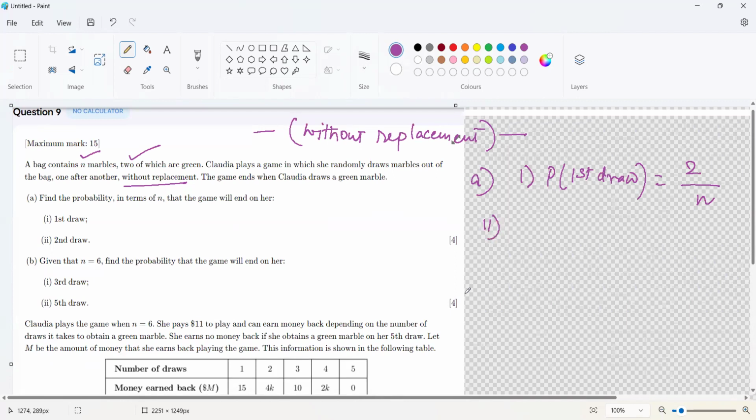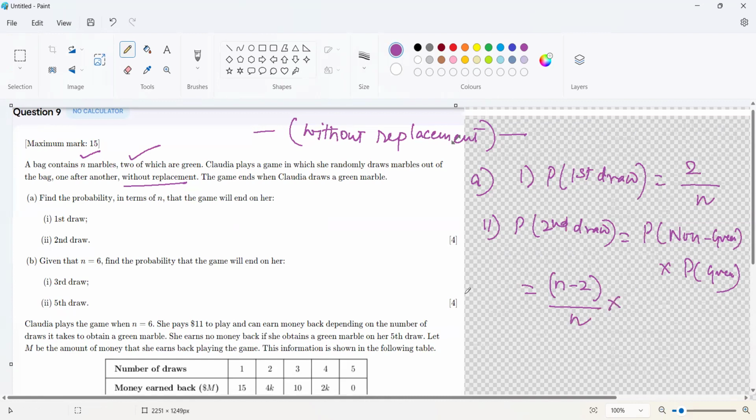And what is the probability that she wins in the second draw? It means in the first draw, the color she picked was not green, and the second time, she is able to pick the green marble. So what is the probability for non-green marble? Out of n marbles, we have two green marbles, so the number of non-green marbles would be n minus 2, divided by the total number of marbles, which is n.